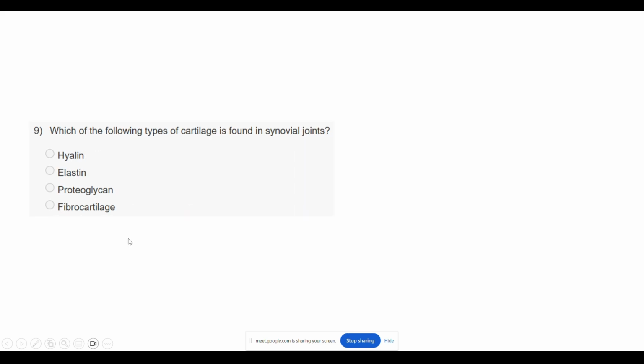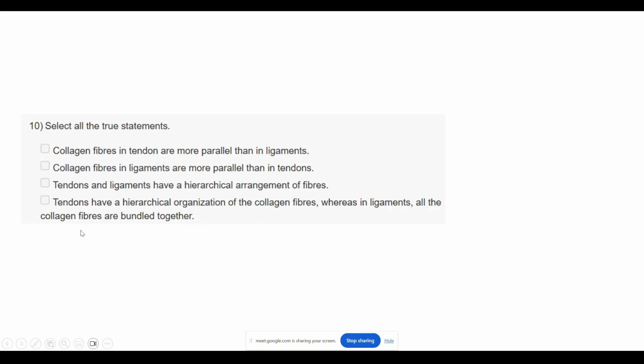The structure of the collagen is characterized as a double helix, triple helix, crimped fibers, presence of glycosaminoglycan. The answer is the triple helix. Which of the following types of cartilage is found in synovial joints? Hyaline, elastin, proteoglycan, fibrocartilage. The answer is hyaline. Fibrocartilage is found in intervertebral discs.